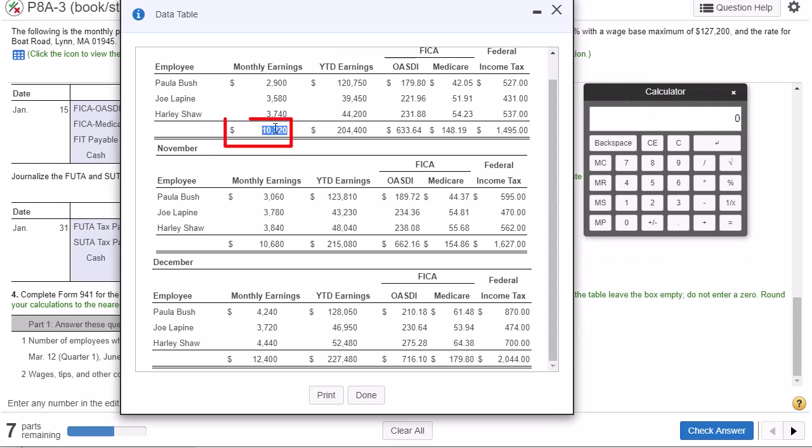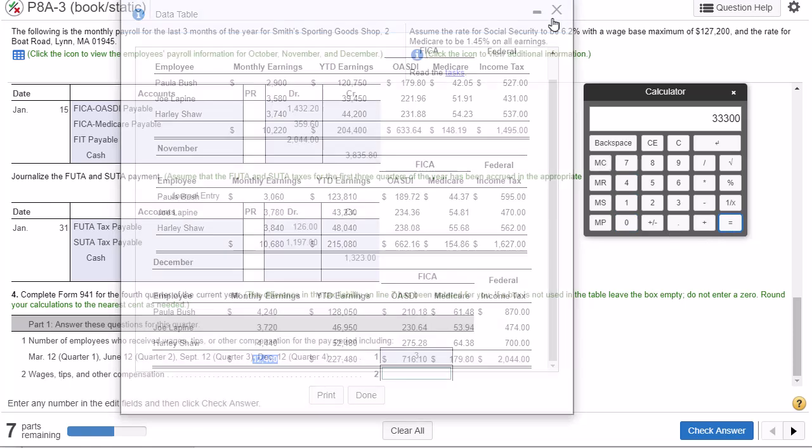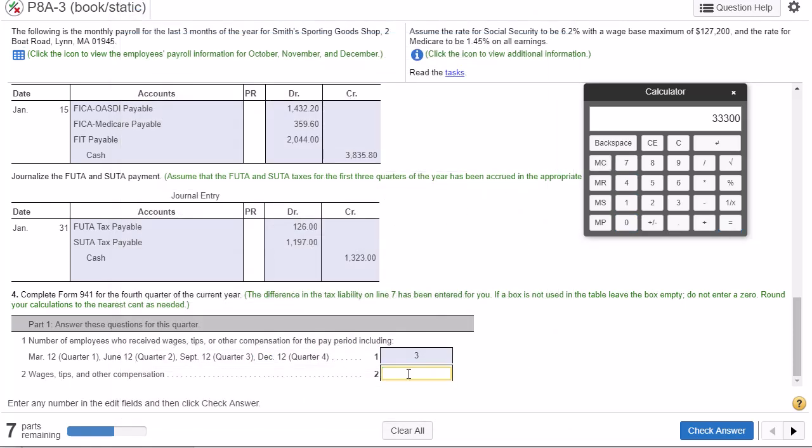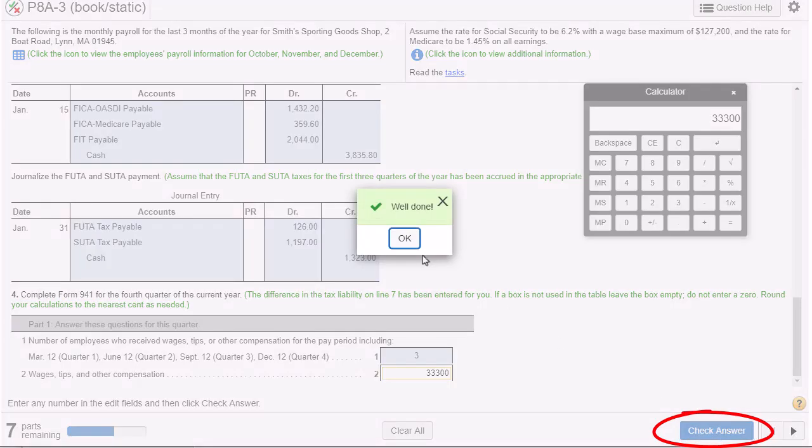So we got 10,220 plus 10,680 plus 12,400 equals 33,300. So we're going to click here in box 2, and then check answer.